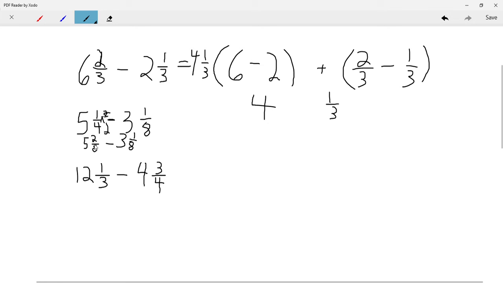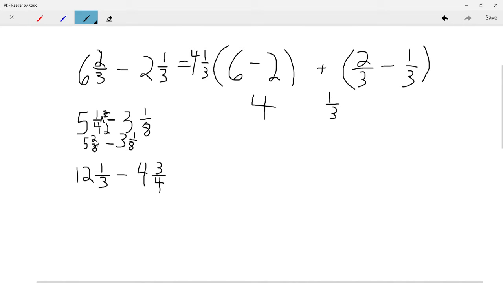So really you do want to start with the fractions first. I know I put whole numbers first in this one, but really you do want to start with the fractions first if you're subtracting, because you might need to borrow, which I will show you in the next one.